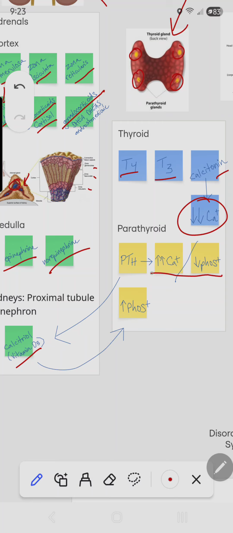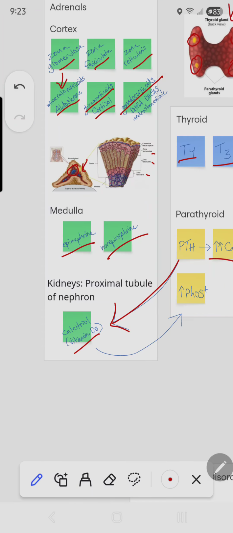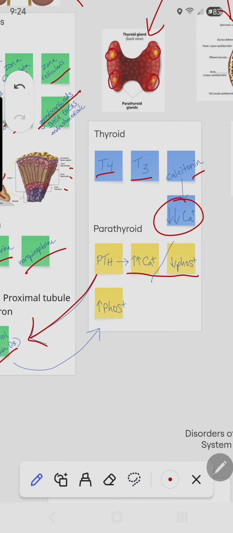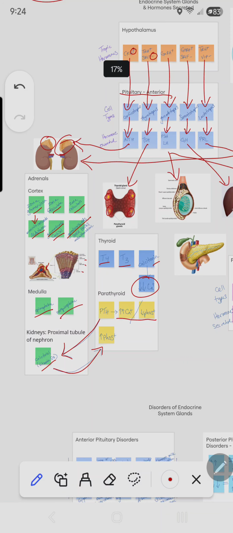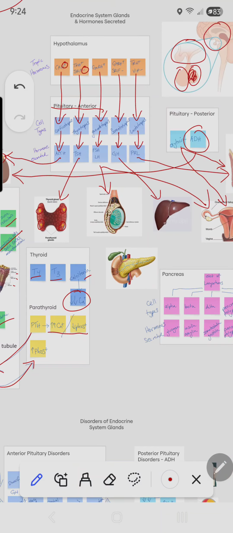Now, if for some reason the body needs to raise its phosphorus levels, parathyroid hormone, with the aid of vitamin D3 and calcitriol from the proximal tubules of the nephron, can in turn help increase your phosphorus level. So that's how the thyroid works with the kidney.